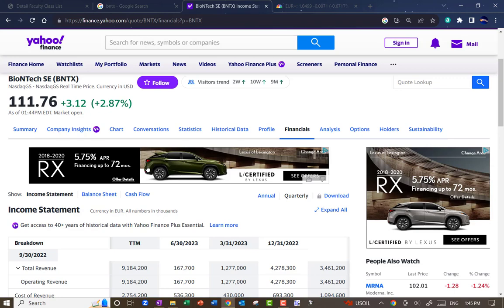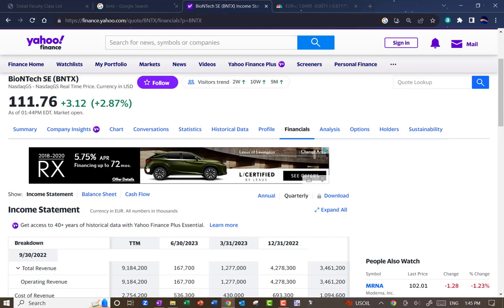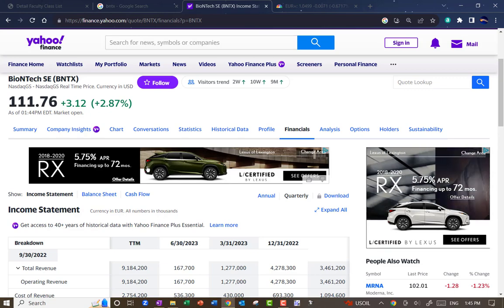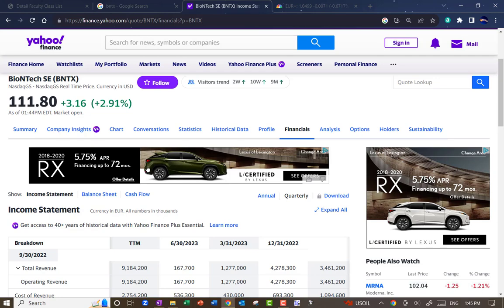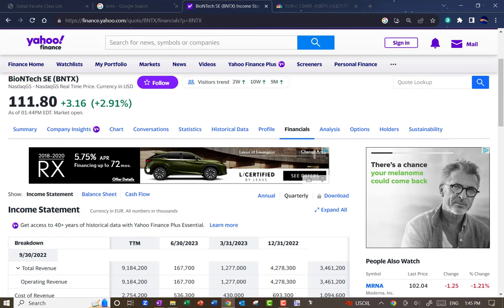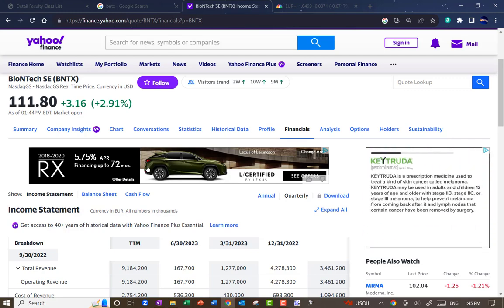Do you know a company that is in direct competition with BioNTech? Pfizer? No, Pfizer actually is in alliance with BioNTech. The vaccine is known as the Pfizer vaccine. BioNTech makes it, Pfizer distributes it. Bayer in Germany? No, we're talking about an American company. That's in direct competition with BioNTech.